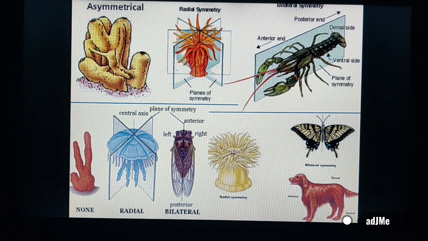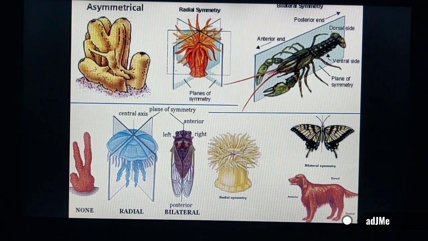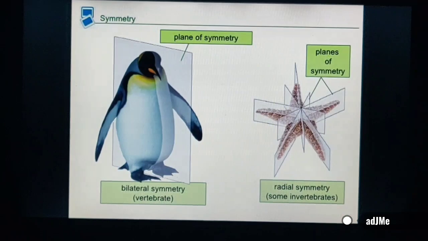Then the lobster in the right topmost corner, below that a butterfly, right bottommost a dog, and on the left side another fly. Generally all animals, all mammals and human beings, are examples of bilateral symmetry.